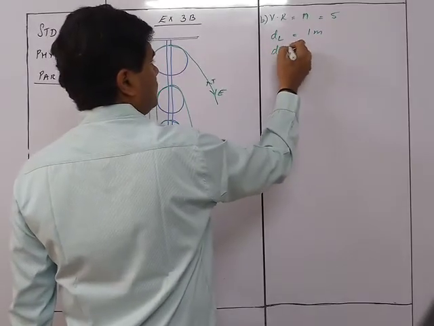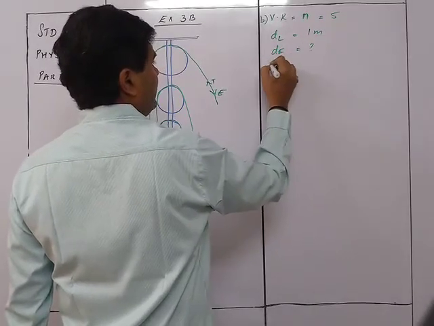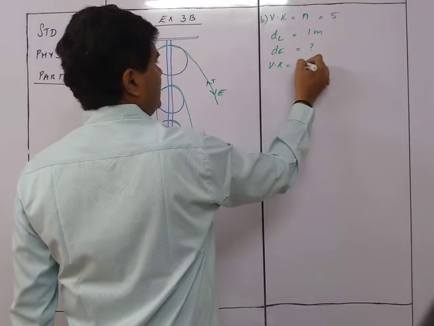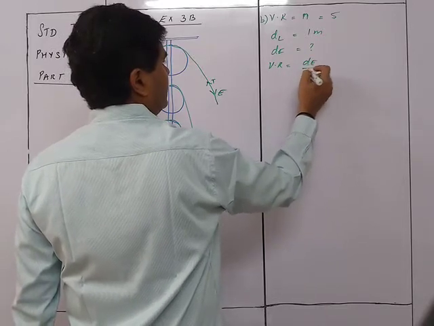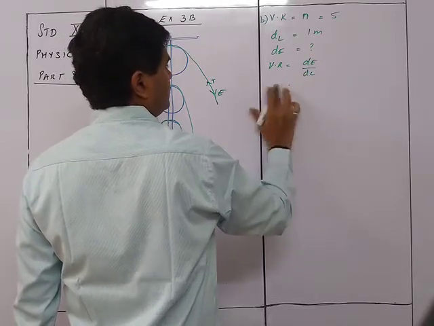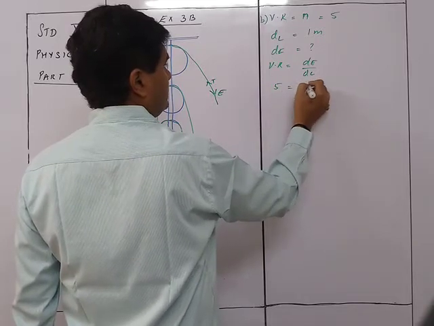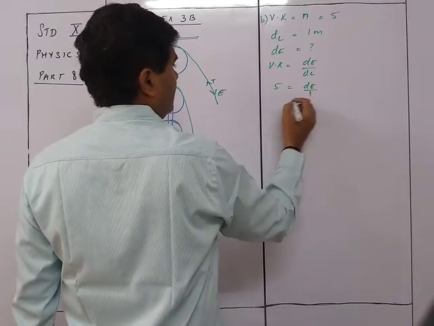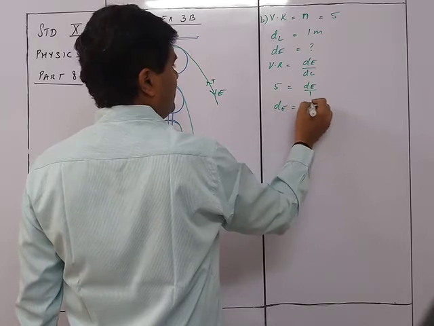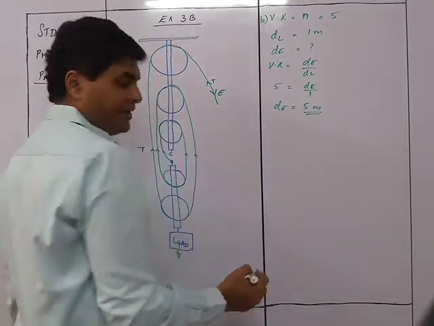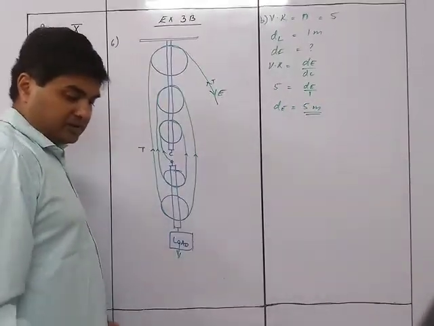So DE is what we need to find out. We know that VR is equal to DE upon DL, and hence 5 is equal to DE upon 1. Therefore DE will be equal to 5 meters. So the distance moved by the effort will be 5 meters.